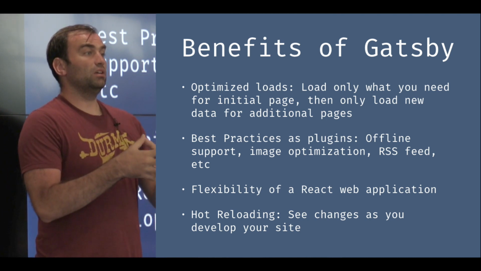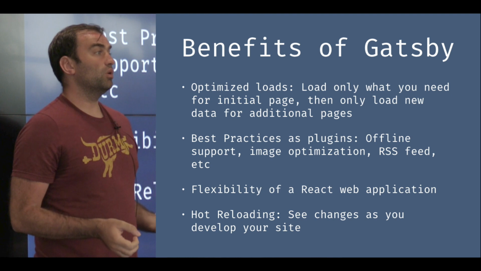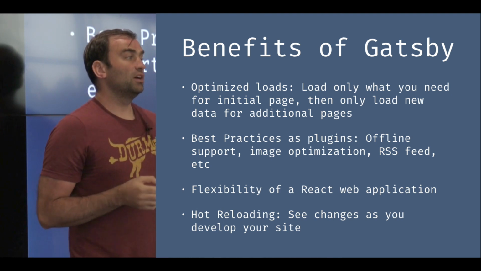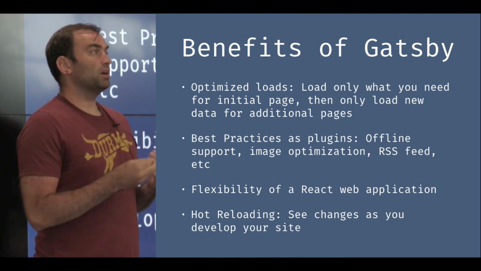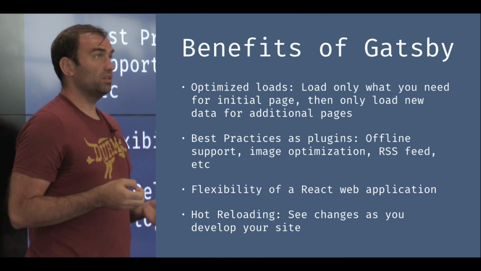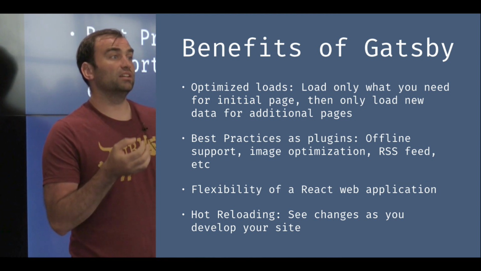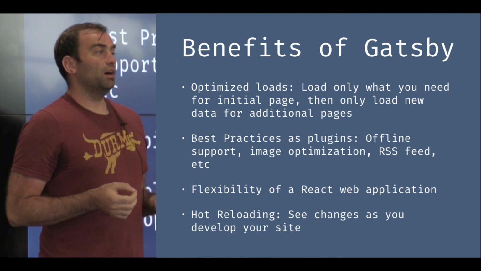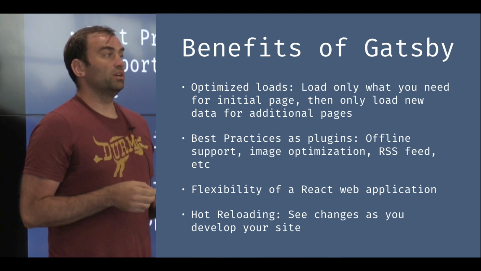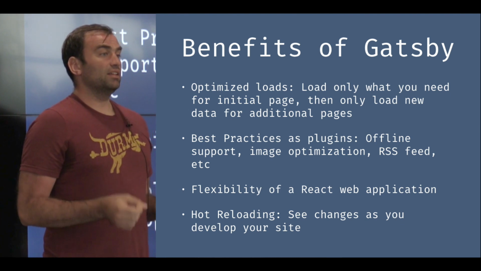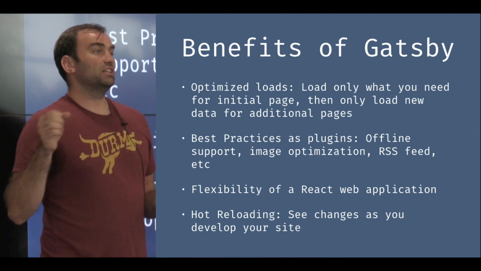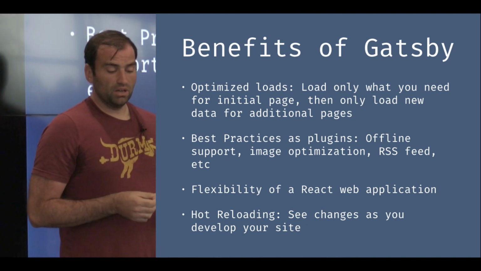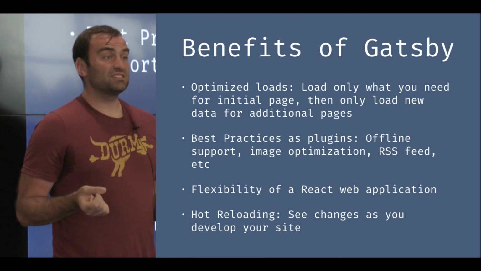Using GraphQL to only pull the data you want, and Webpack to only load the JavaScript you need for a specific page, it gets very optimized bundles for individual pages, so that you can load a site initially and load kind of the app frame and whatever the first page that you're going to is, and any data that it needs. But then as you go site to site, you load only the data that you don't have yet that is specific to that page. And that makes it fast.